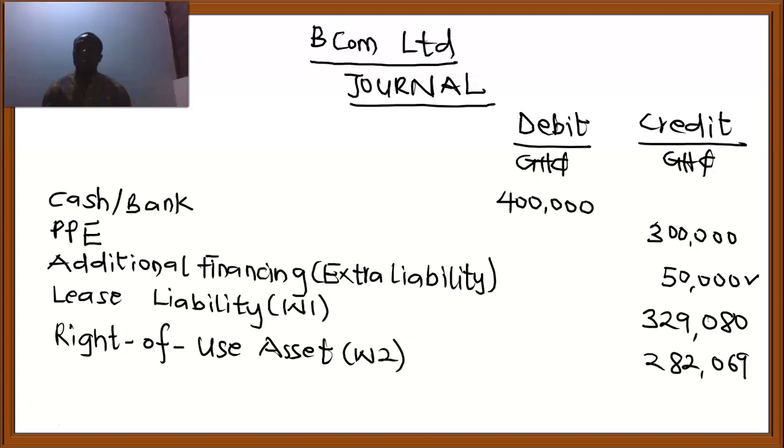Now you sum up the credit side figures. So we have this plus that. You sum up all of them. Then you sum up the debit side. When you do that, you realize that the credit side falls short. Sorry, the right of use asset is an asset, so it will be shown as a debit.